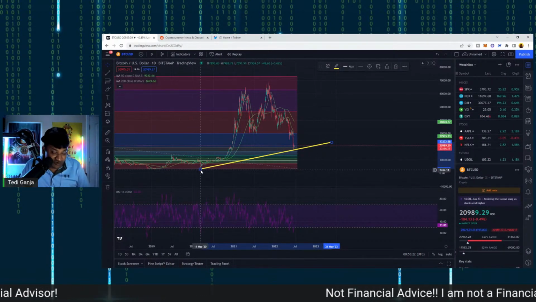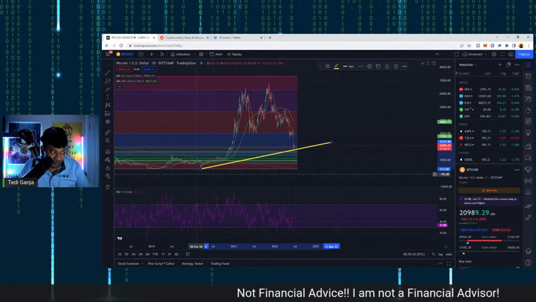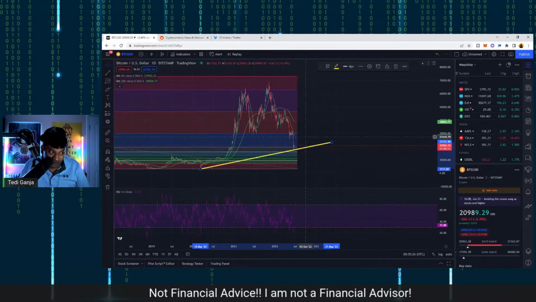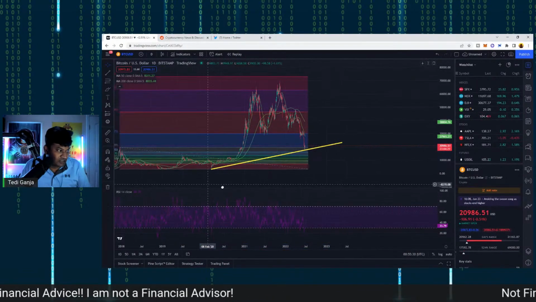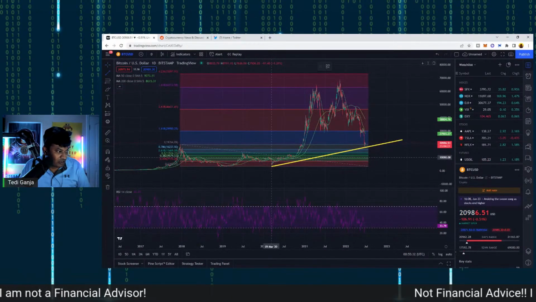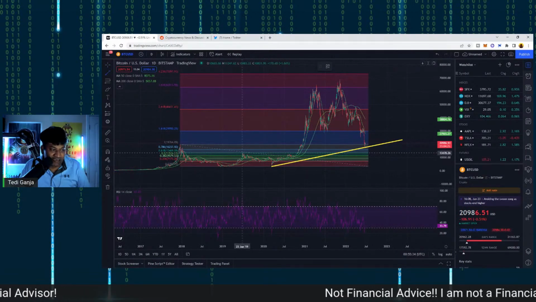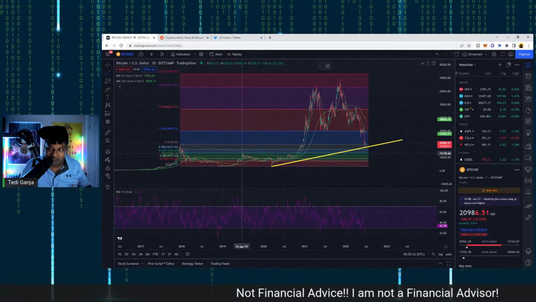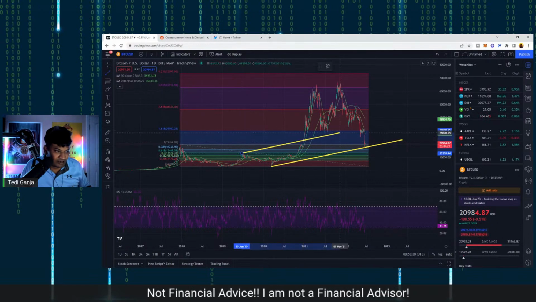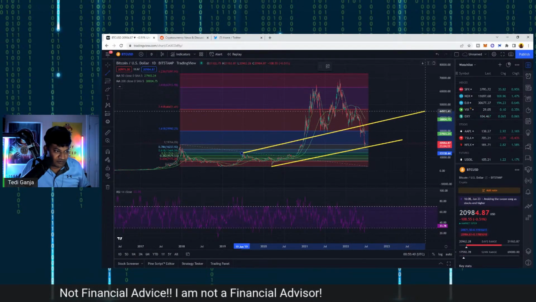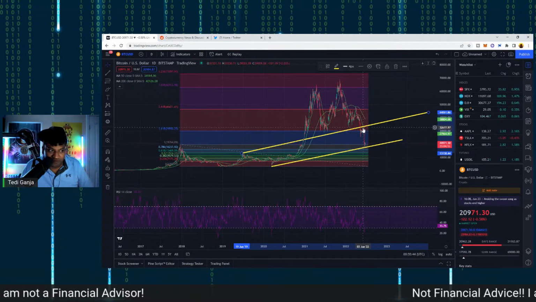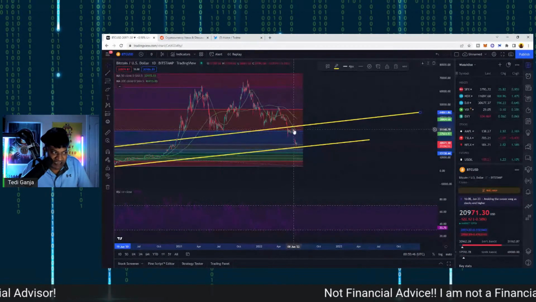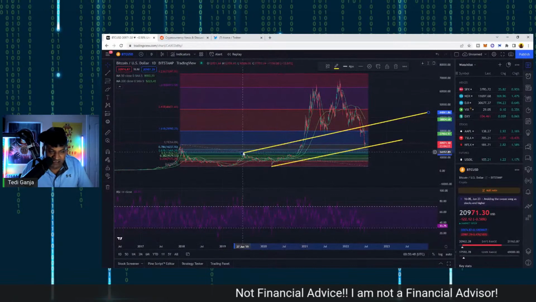So this trend line I drew from the last low to the new low right now shows you it's going up. Another one I'm going to draw is from the last high before these two peaks. So here's the last high before, and then here's the last high here.